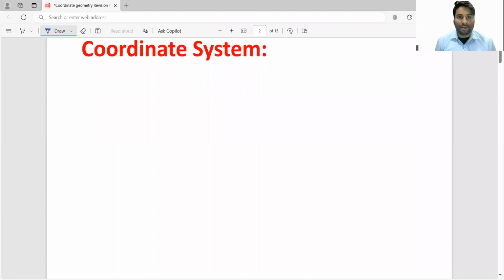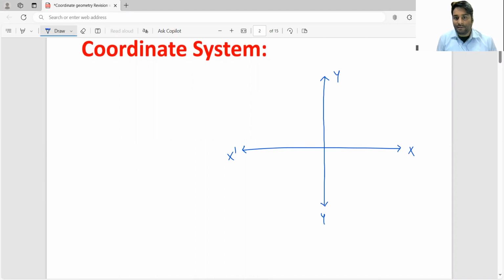Okay, so the first thing is coordinate system. We all are aware about this. So what is the coordinate system? This is the x-axis, x, x dash. This is the y-axis, right? And this is the origin, right?